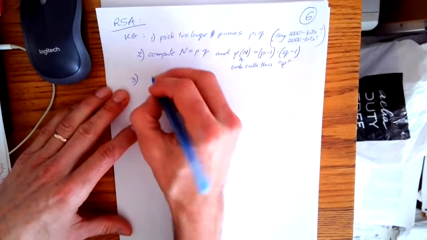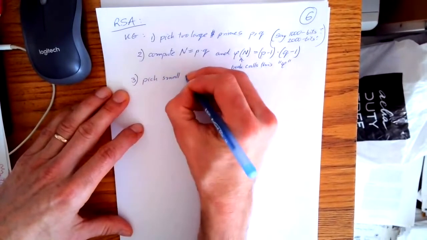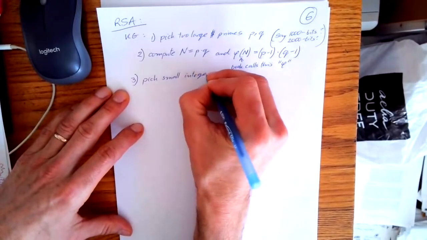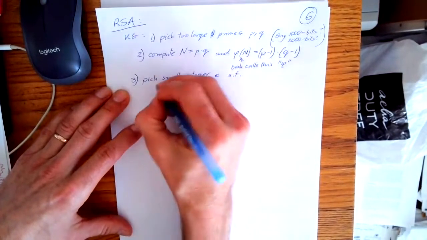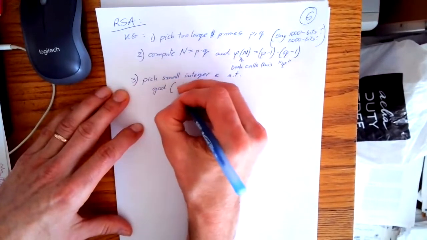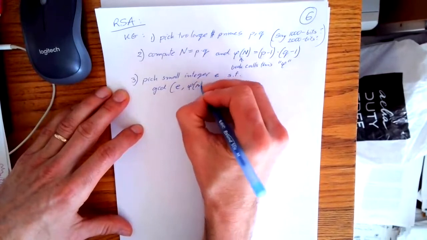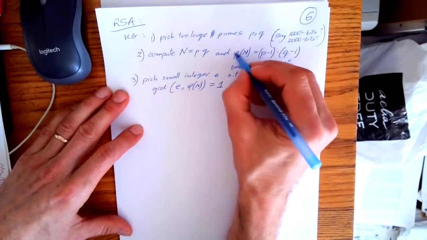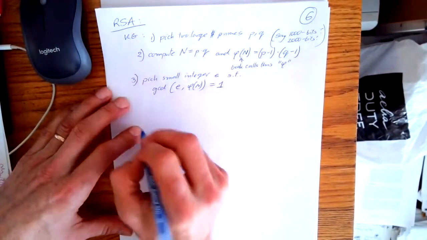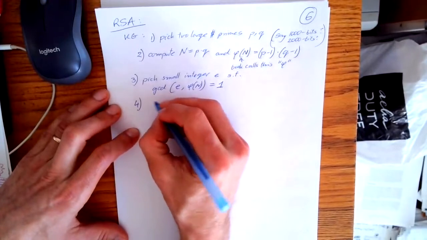Third, you pick a small integer e such that it is coprime, so the GCD between e and this phi of n number is 1. So e is coprime with this, not with the public modulus. Well, you'll see in a second what's private, what's public.